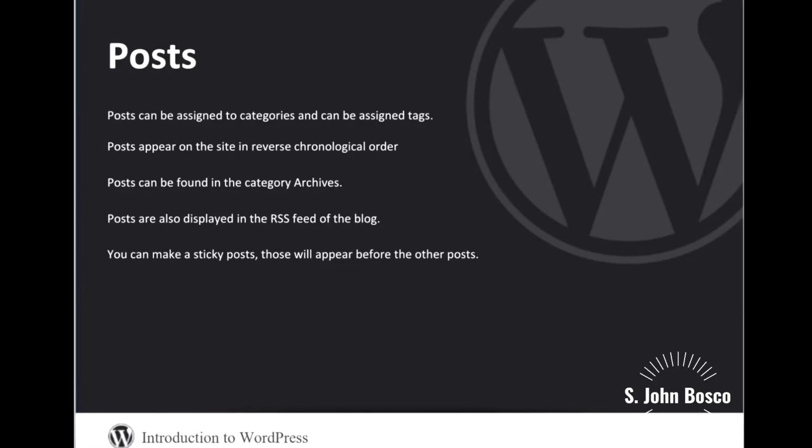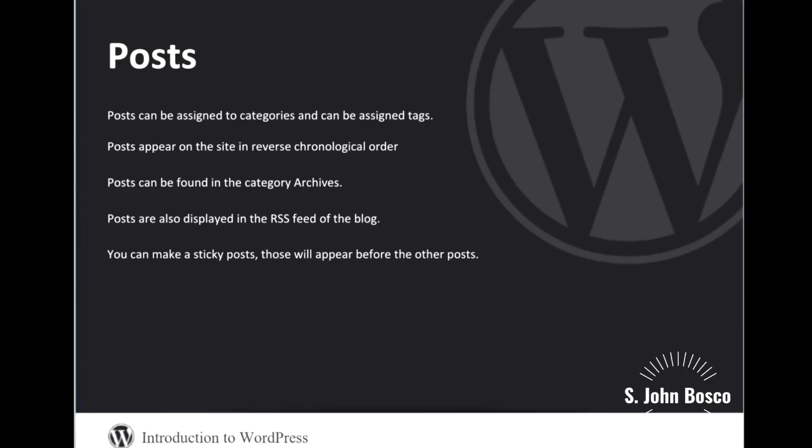Like that, the posts are used to inform the users that this is the current program you conducted, current event is done. All these are informed to the users based on posts. So all the recent activities are used as a post.